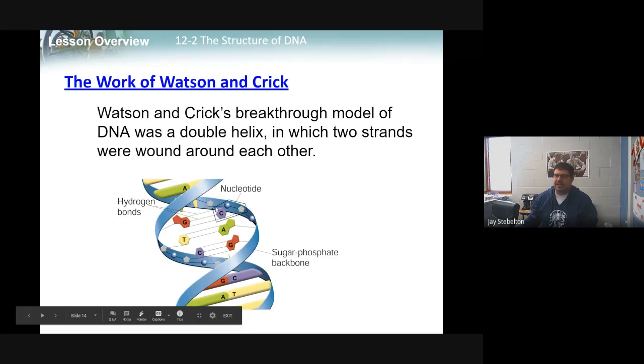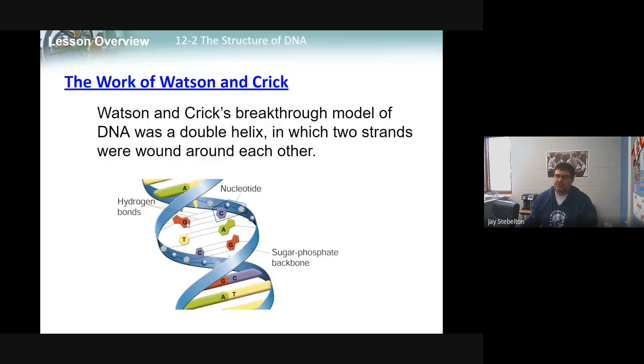And you can see it when we break down the nucleotide. Remember, a nucleotide is made of three parts: a phosphate group, a 5-carbon sugar, and an A, T, C, or G, the nitrogen base. But also look at this. C is connected to G. A is connected to T. And that's the pattern you guys have to know.